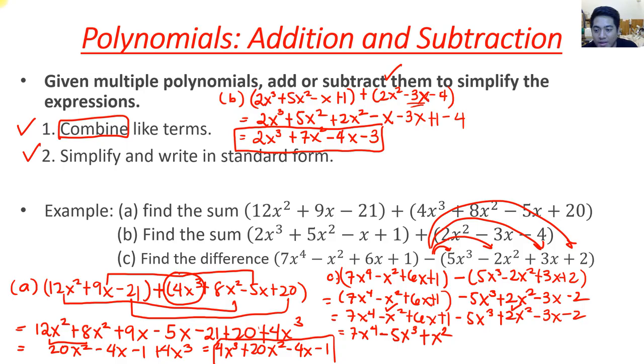So you have 6x. Do you have 3x here? So 6x minus 3x here will become positive 3x. And finally, you have the constant plus 1 minus 2, and that is negative 1. So this will be your final answer for this subtraction of polynomials.